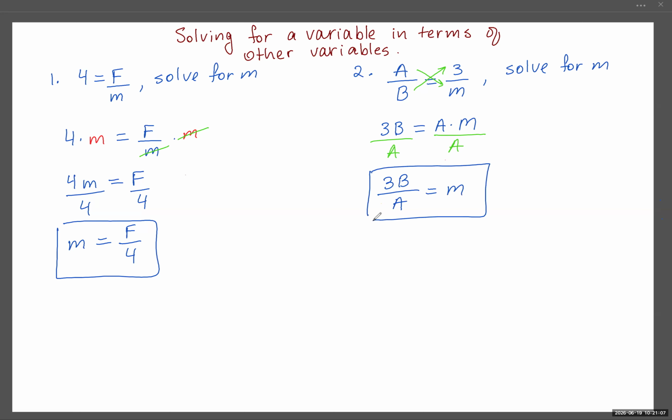Now let's look at some slightly harder examples. And this time we're going to be solving for a. H equals 4 divided by f plus 9 divided by a.